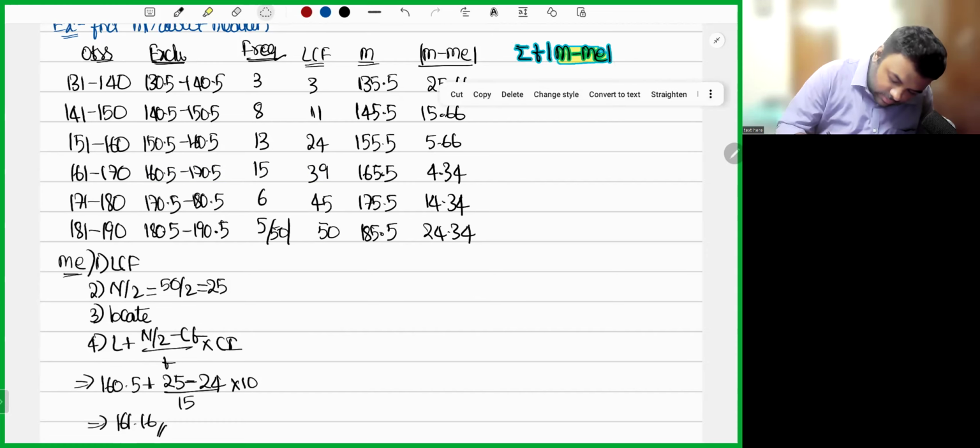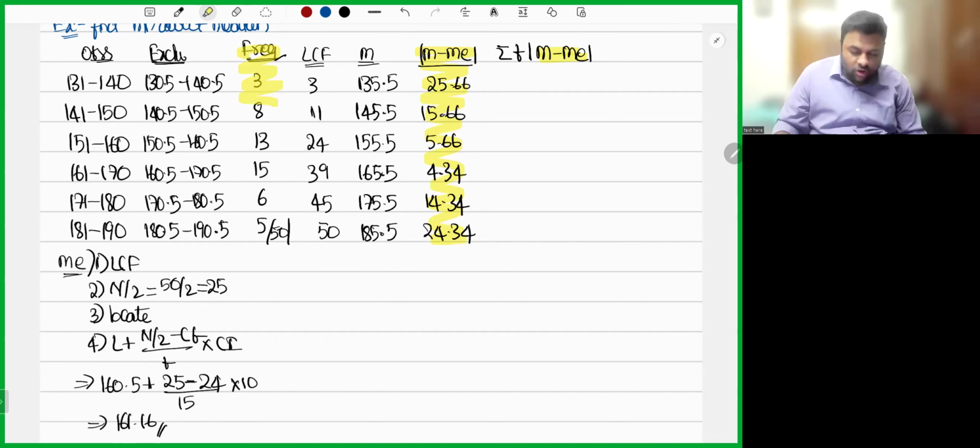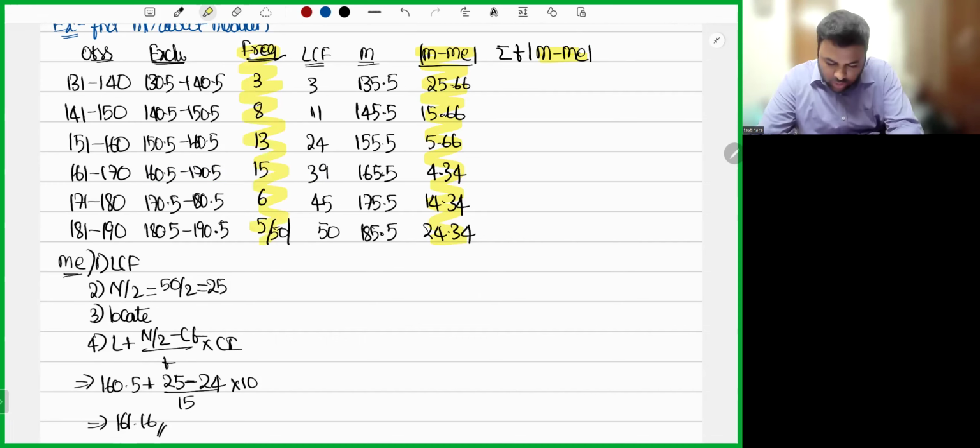Now this is multiplied with the frequency. I'll use M plus directly; you can also use M plus.